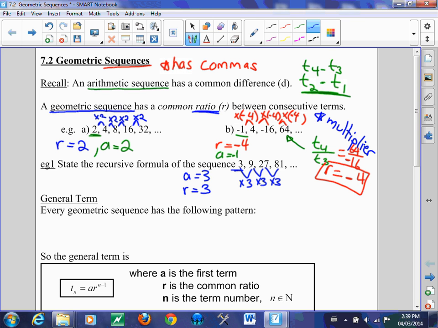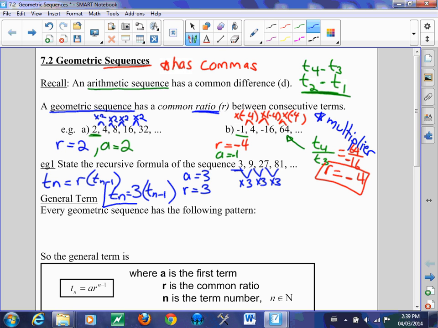To do our recursive formula, you're going to say t sub n equals, now it's r because you're multiplying, not subtracting or adding, times t sub n minus 1. If we simplify it into our equation, it's t sub n equals 3 times t sub n minus 1.